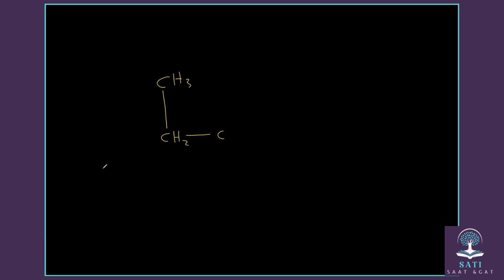And here we have CH2, great. And here we have CH3, great. And here, okay, we make this one 2. And here we write CH3, and here we write CH3. How can we name this compound?